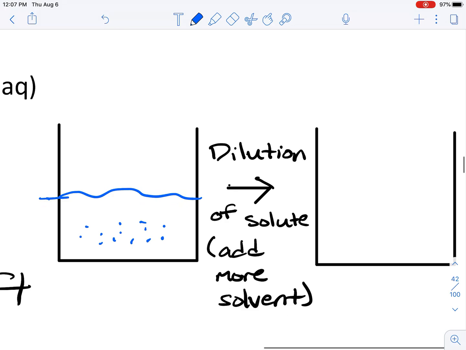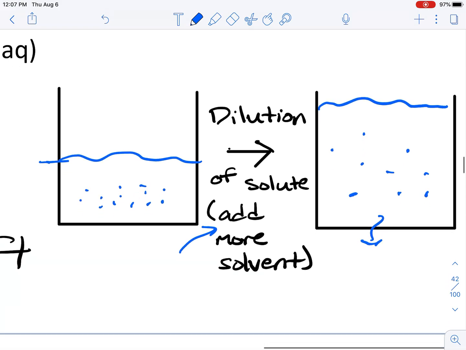If we add more solvent to this beaker, we essentially increase the volume.